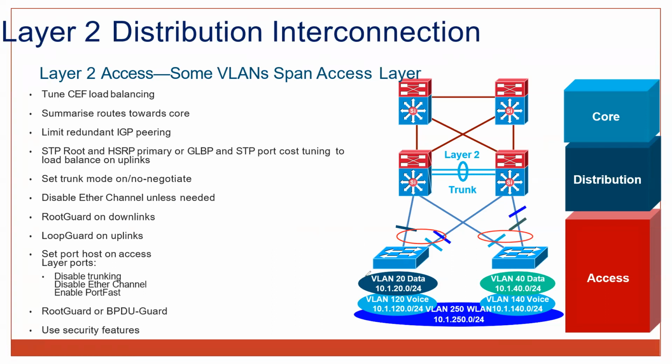VLANs, we can make this switch the primary for VRRP or HSRP, and for a few of the VLANs, for example VLAN 20 and 120, this is the primary, and for VLAN 40 and 140, this will be the primary. So that means it will work as an active gateway for different VLANs.